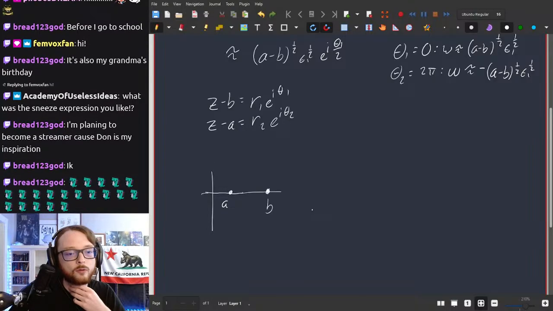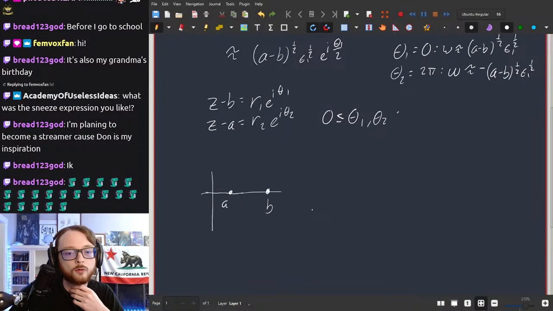And so they say if we're measuring theta 1 and theta 2 between 0 and 2 pi, that corresponds with this branch cut here. And I'd like to know why.